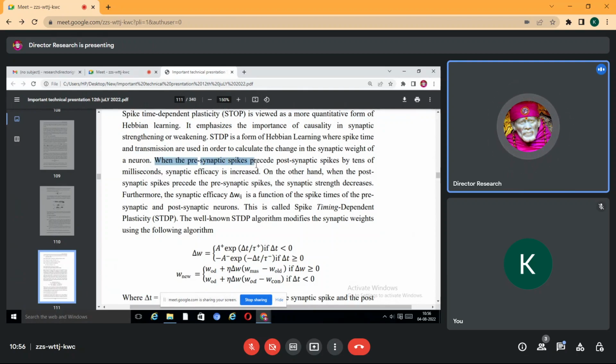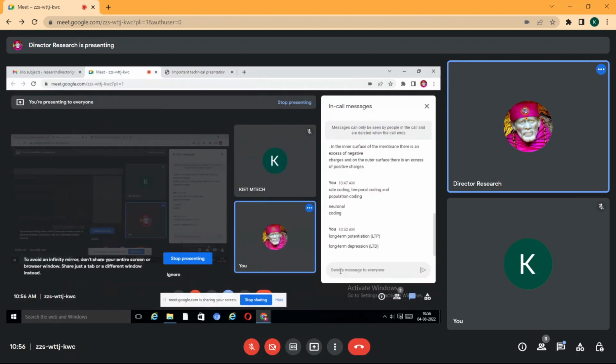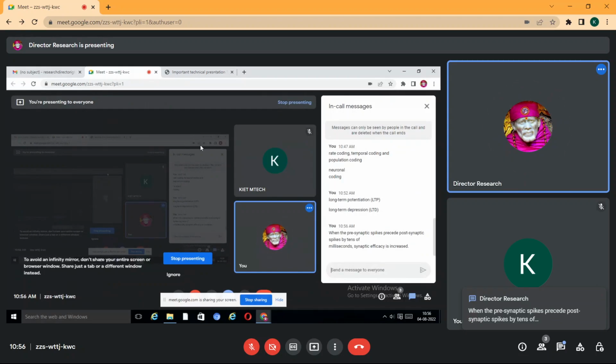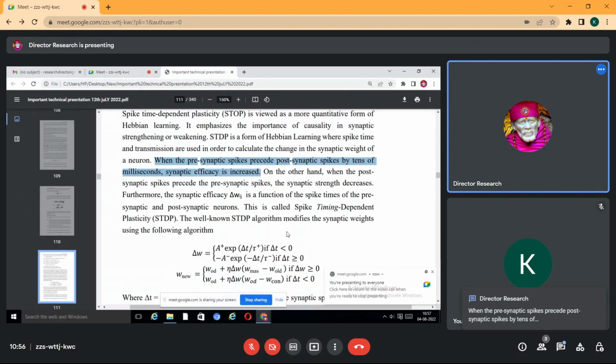This is an important concept. Note this concept. I will post it in the chat box. When the postsynaptic spike precedes the presynaptic spike, the synaptic strength decreases.